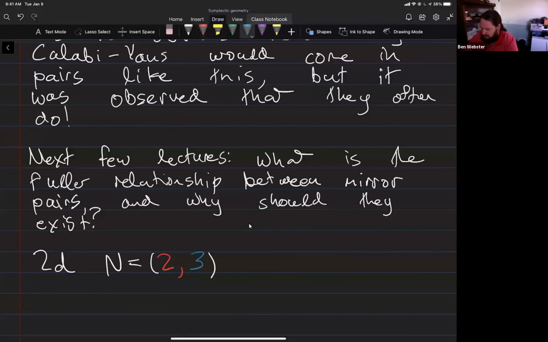And mirror symmetry is about swapping the two 2s. So one way to say what flips these two things is changing the roles of those two 2s. All right. Any questions?